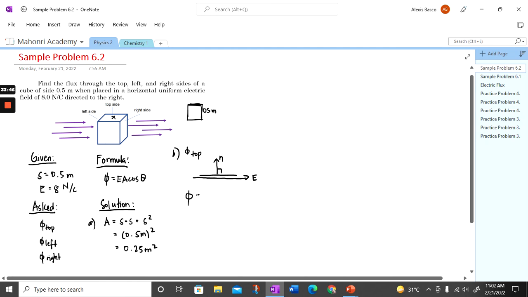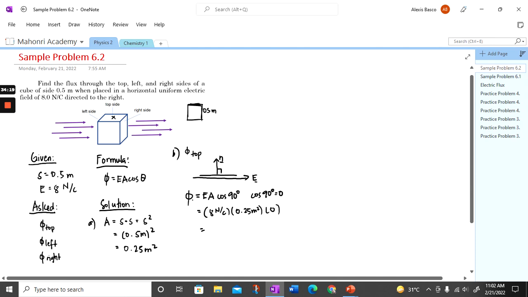So, we've discussed this before, my electric flux is equal to EA cosine theta. The angle between my N and my E is 90 degrees, and I know that cosine 90 degrees is 0, which means my E, which is 8 newtons per coulomb, multiplied by my A, which is 0.25 meters squared, multiplied by 0.